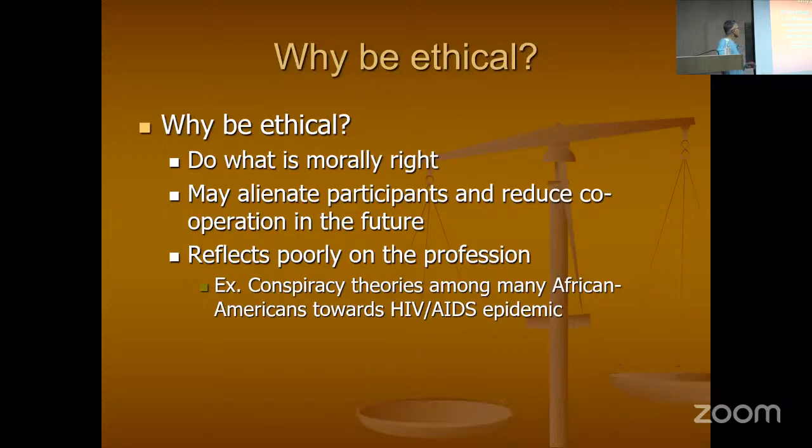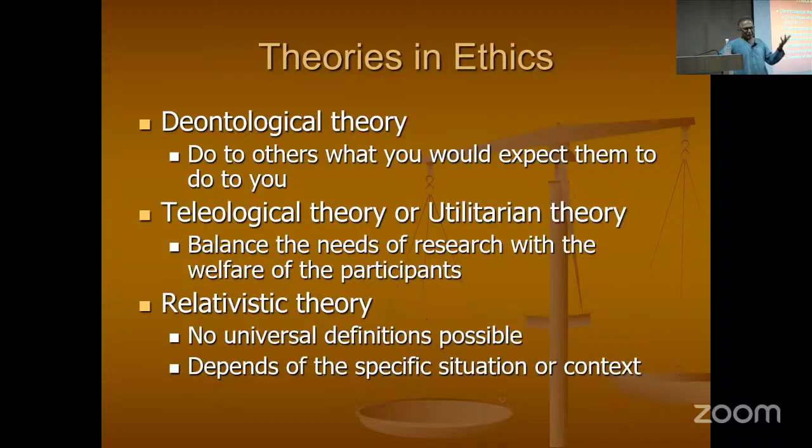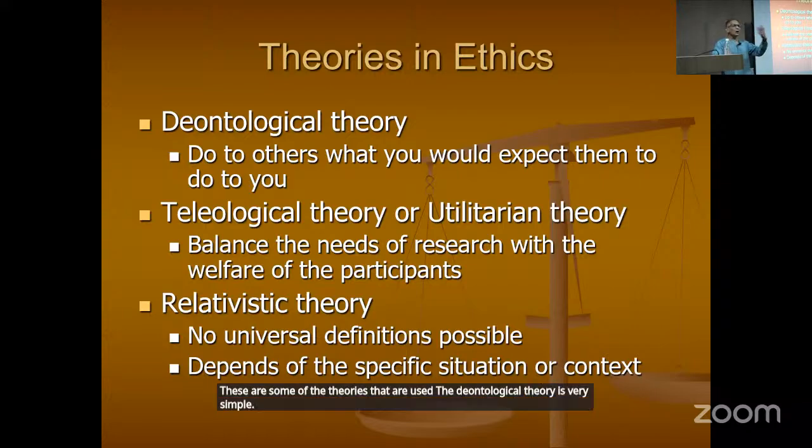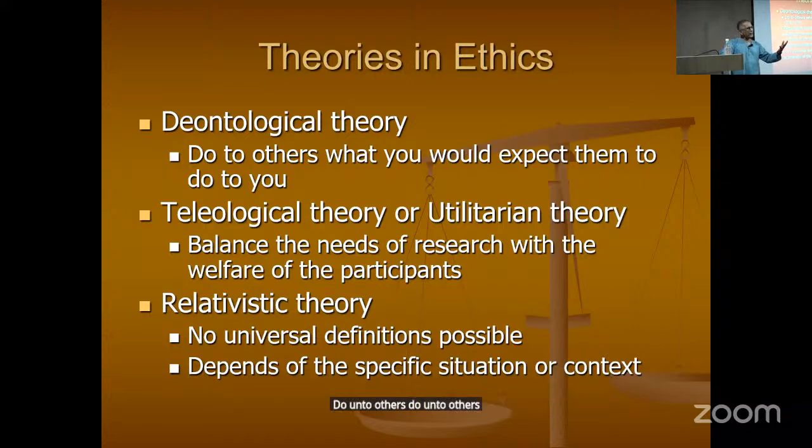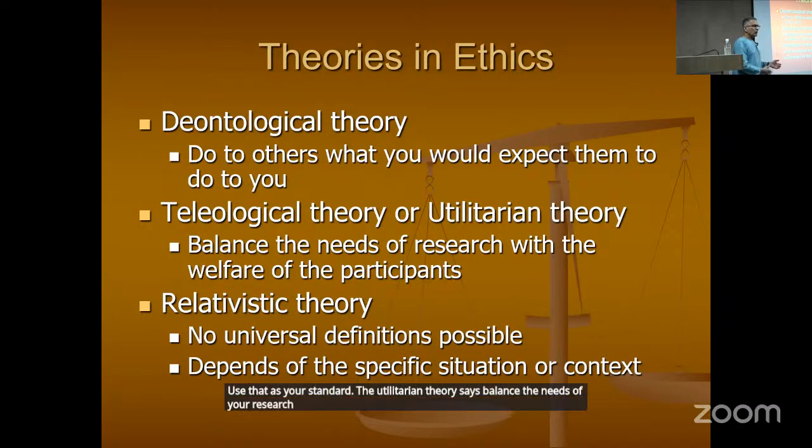Next one. These are some of the theories that are used. The deontological theory is very simple. Do unto others what you would expect them to do to you. Use that as your standard. The utilitarian theory says balance the needs of your research, what you're doing, with the benefits to the participant.